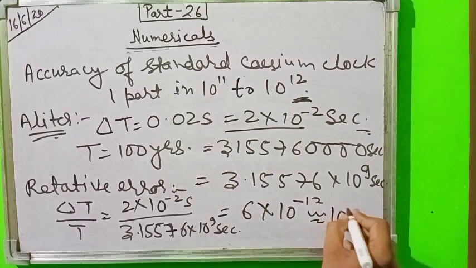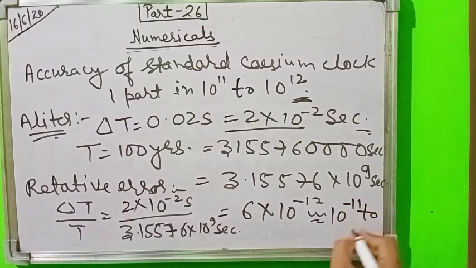Approximately the range will lie from 10 to the power minus 11 to 10 to the power minus 12. This is the order of magnitude, which we had studied before.